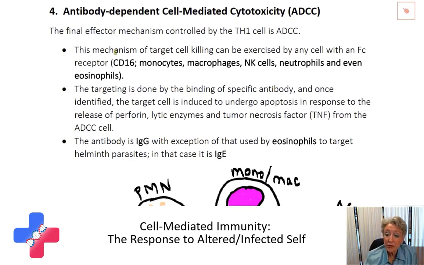My final mechanism is antibody-dependent cell-mediated cytotoxicity, which I mentioned before. And as you'll see, we have to get a little bit ahead of ourselves here because I've got to tell you that this process requires the product of the other side of the immune response, which is the humoral immune response antibody.